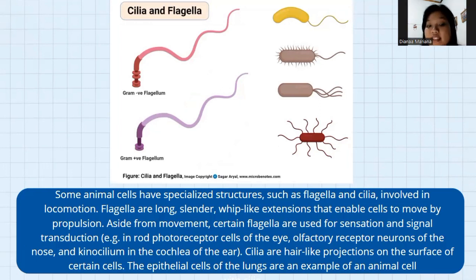Aside from movement, certain flagella are used for sensation and signal transduction, e.g., in the photoreceptor cells of the eye, olfactory receptor neurons of the nose, and kinocilium in the cochlea of the ear. Cilia are hair-like projections on the surface of certain cells. The epithelial cells of the lungs are an example.